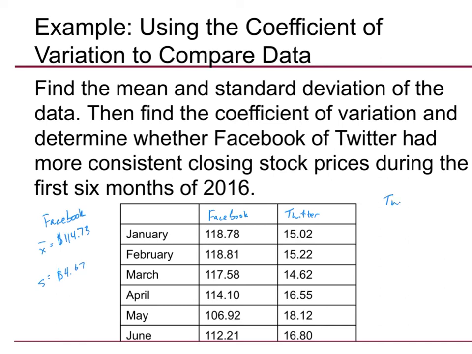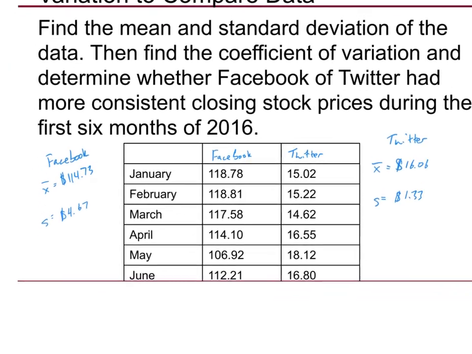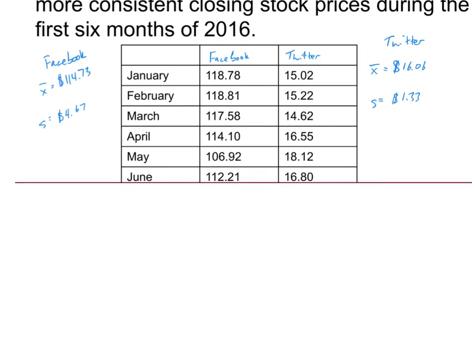And then for Twitter, the x bar is $16.06, and their standard deviation for this stock price in 2016 is $1.33.